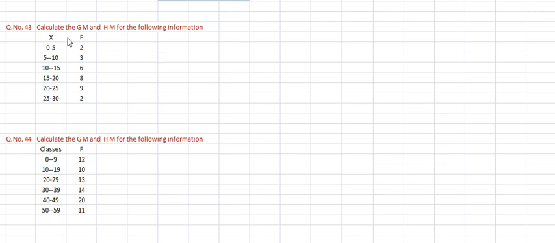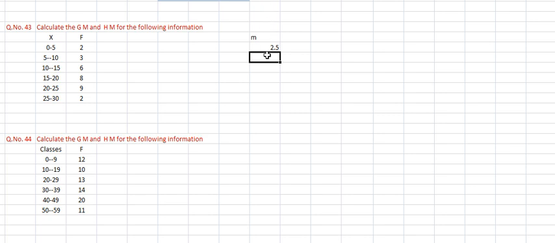These are the questions for you, 43 and 44. Once again you have to find the geometric mean and harmonic mean. For this question I think I have to explain something to you all. How to find the m? 0 plus 5 by 2 comes to 2.5, right? Now the difference is 5 increase.